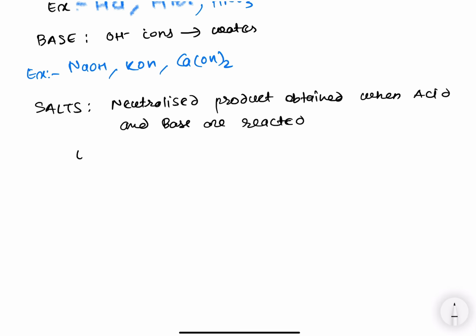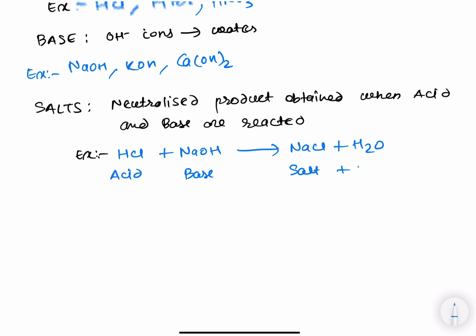For example, HCl reacts with NaOH, it will give NaCl plus water. Here HCl is an acid, NaOH is a base, NaCl will be salt and this is water. So always remember, when acid and bases are reacted, the only product you should expect is salt plus water.